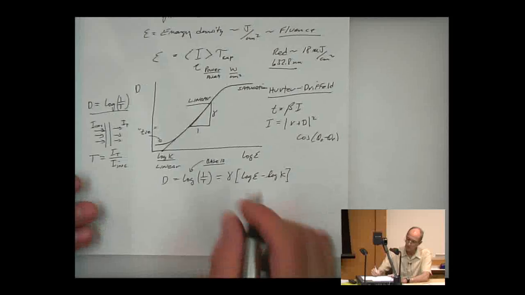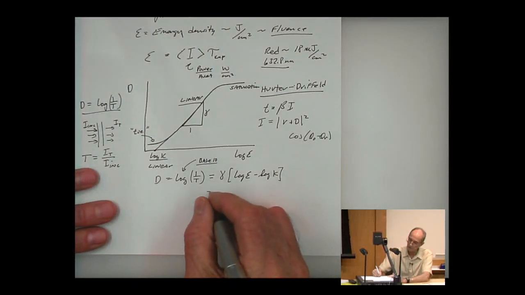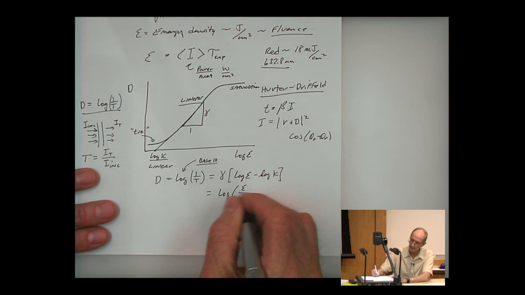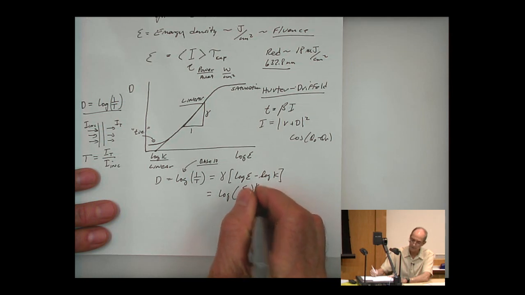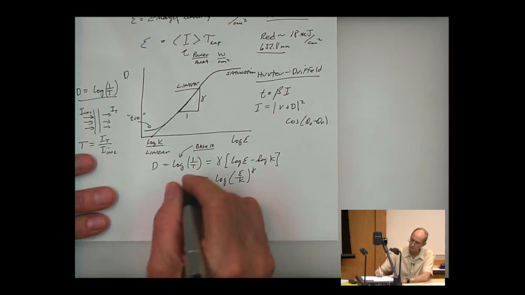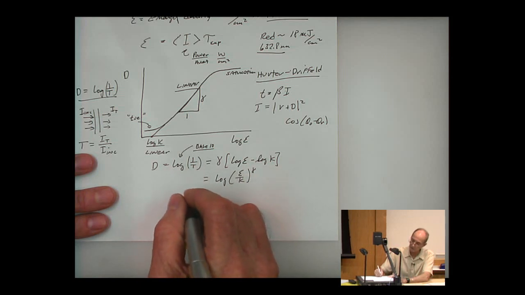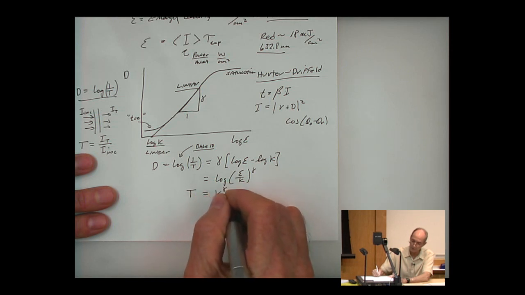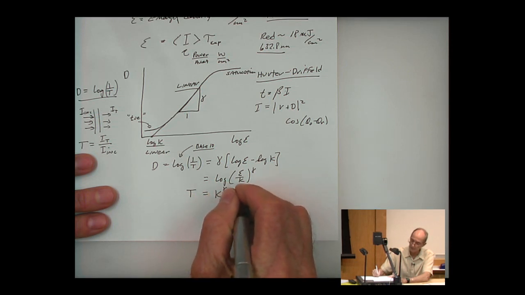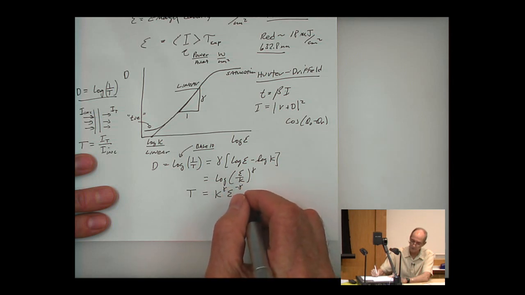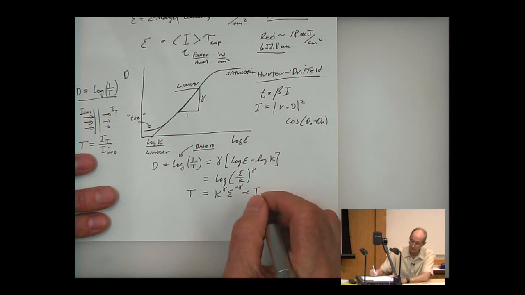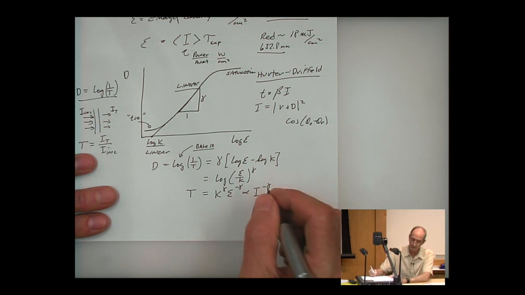All right. So just quickly here, using our relation for logarithms, this is going to be, again, log of e over k to the gamma, and this is log of 1 over t. So we can also say that the intensity transmittance is k to the gamma, e to the minus gamma, and this is again just proportional to the intensity or irradiance to the minus gamma.